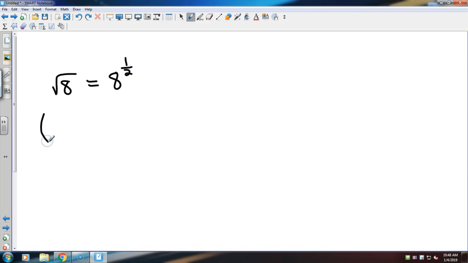If I asked you to write the 6th root of 81 to the 4th power, then that's going to be 81 to the 4/6 power. And so at this point, you're probably wondering, should you reduce that fraction? Because that is what we are ingrained in our brain to do, and it's the right thing, that's going to be 81 to the 2/3 power.